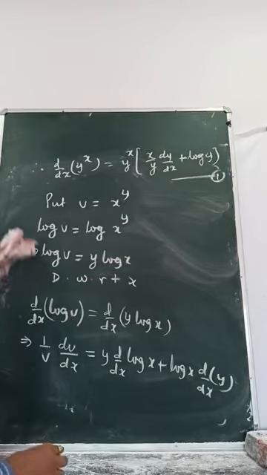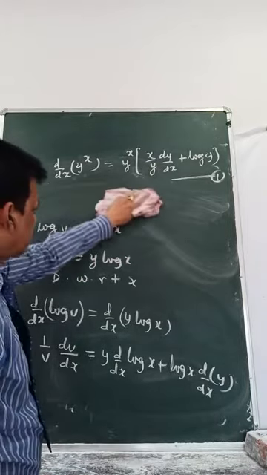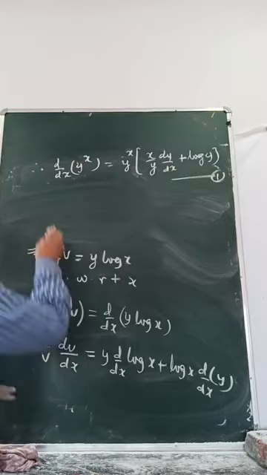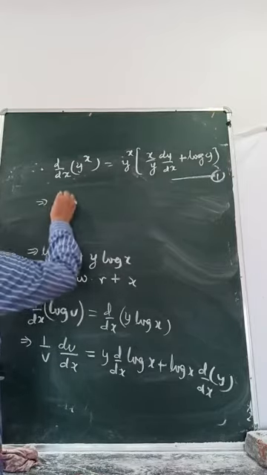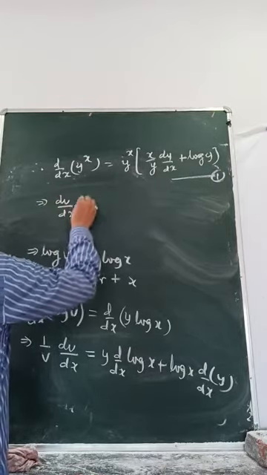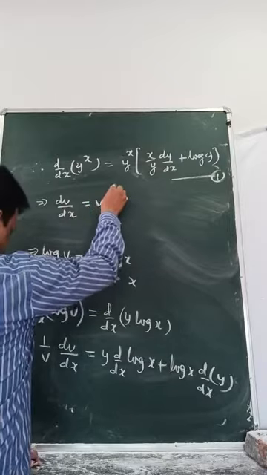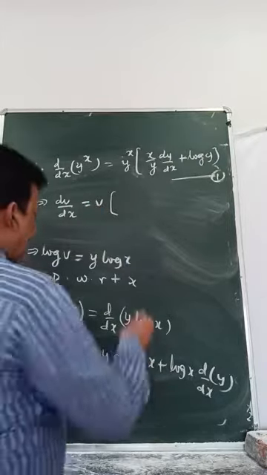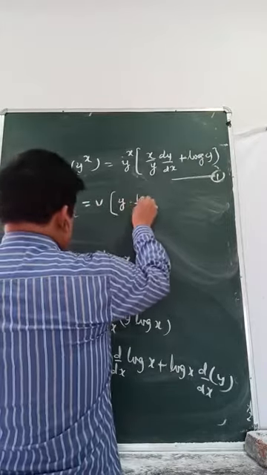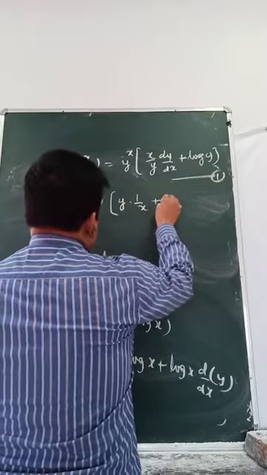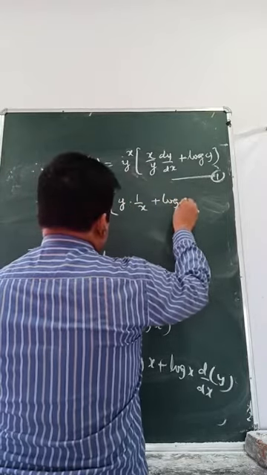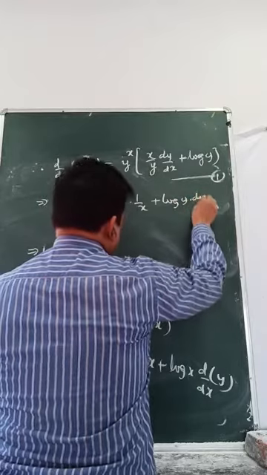So this implies dv by dx equals v times (y into 1 upon x plus log y dy by dx).